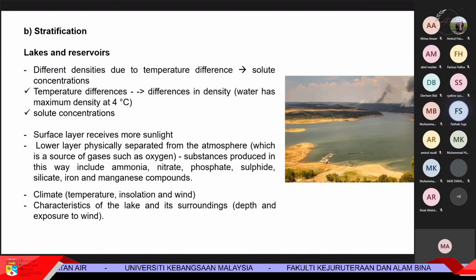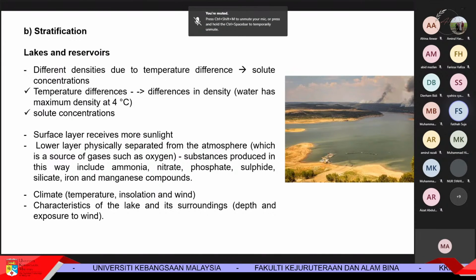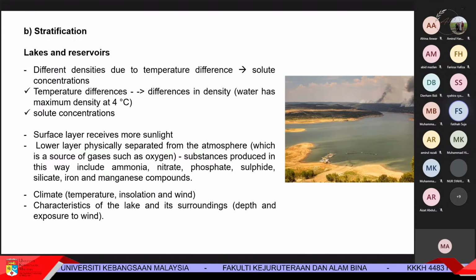So when you have this anoxic condition in the bottom sediments, various compounds may increase in the interstitial waters and diffuse from the sediment into the lower water layer.